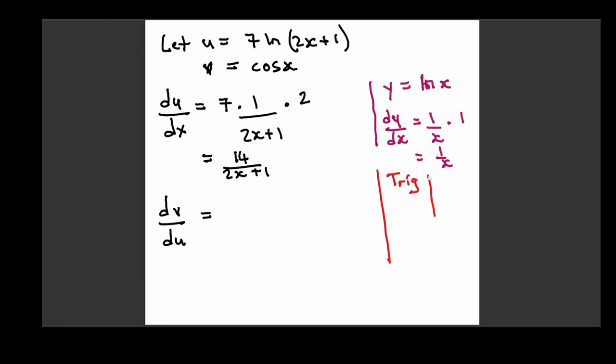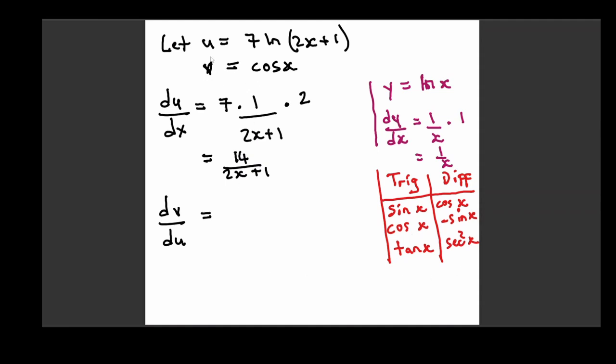So this is the trig, and this will be the derivative. The derivative of sine x is cos x. The derivative of cos x is minus sine x. And the derivative of tan x is sec squared x. So we can leave it here.